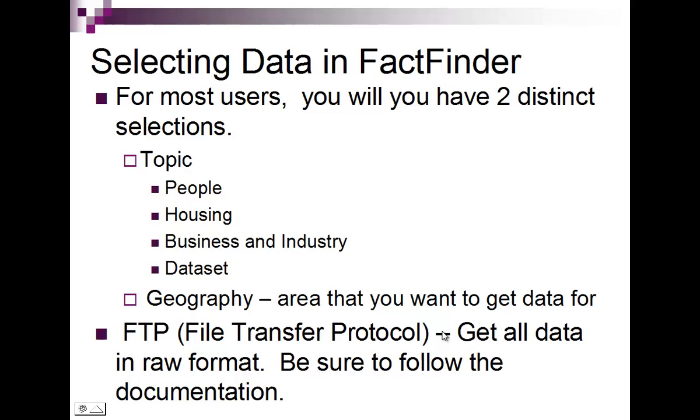So when we select data from American Fact Finder, you have a couple different selections. We can get all of the data in raw format. That's hard to do. When we pick GIS data or tabular data that will join to GIS data, we can go to the census website and download the GIS data at the census tract level. All it's going to have is the census tract and the FIPS code.